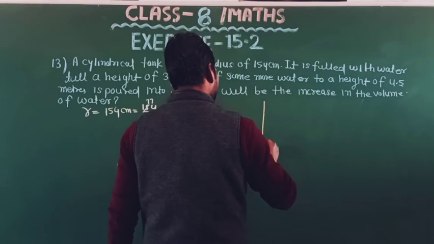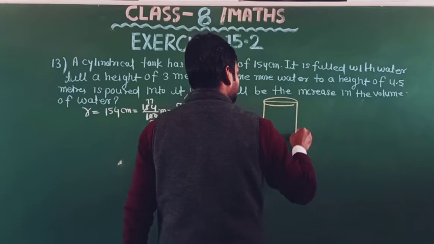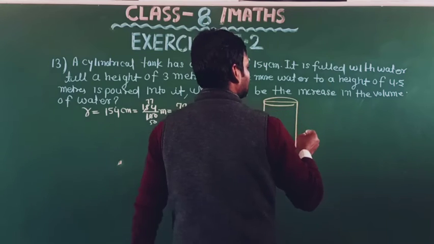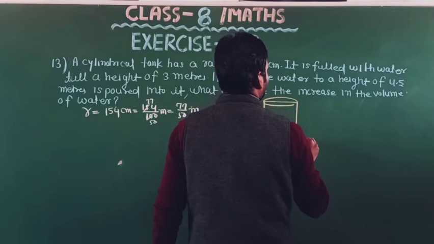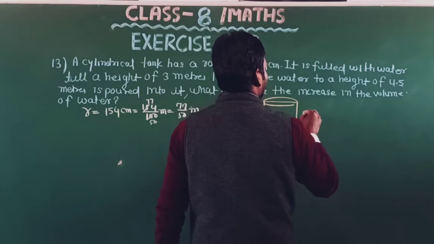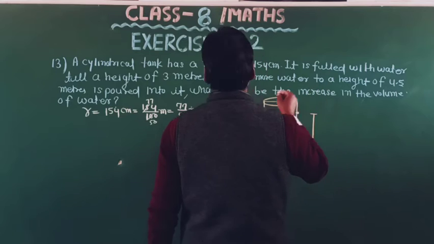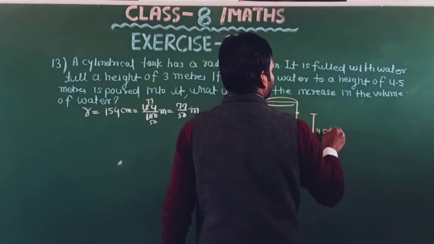Suppose this is the cylinder, first the water is filled to height 3 meter, and if some more water is added, then the height will become 4.5 meter.